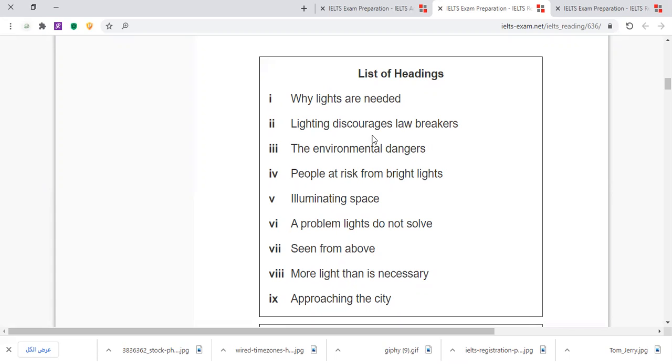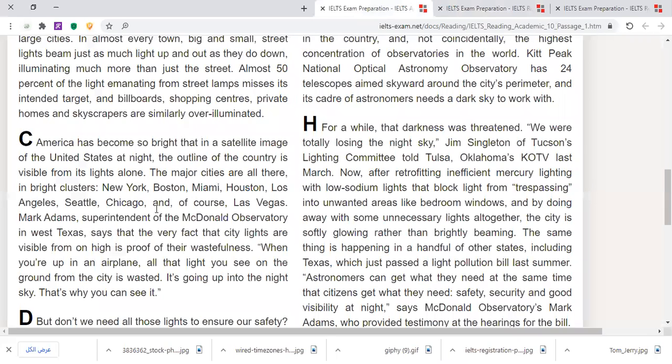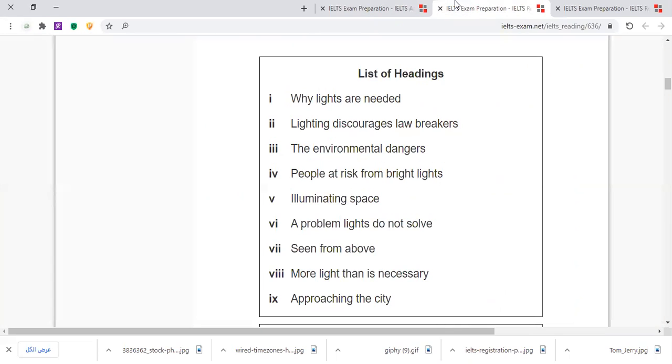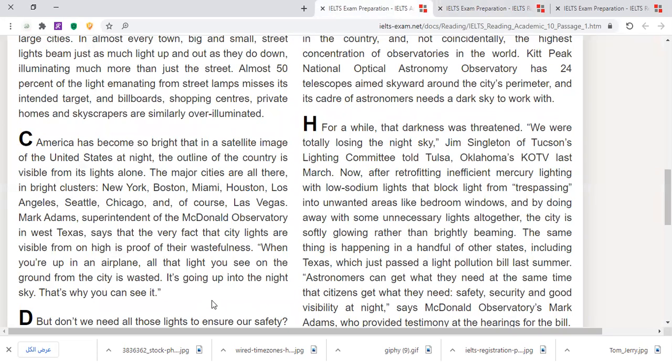No. The environmental dangers? Did he talk about any environmental danger in paragraph C? No. But did he talk about people at risk from bright lights? No, he didn't talk about that. Did he talk about illuminating space, anything related to space?